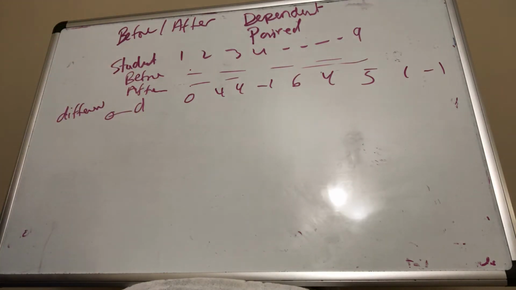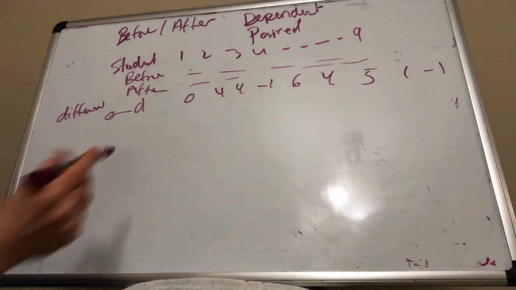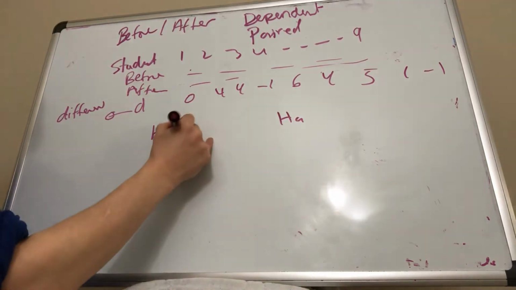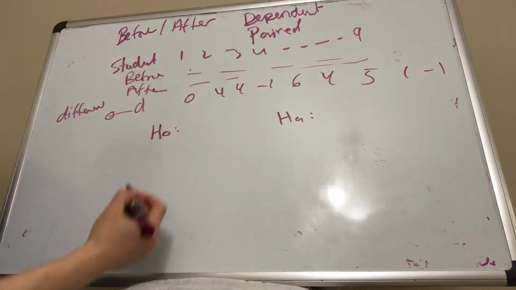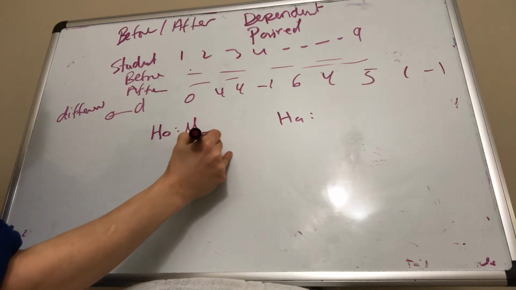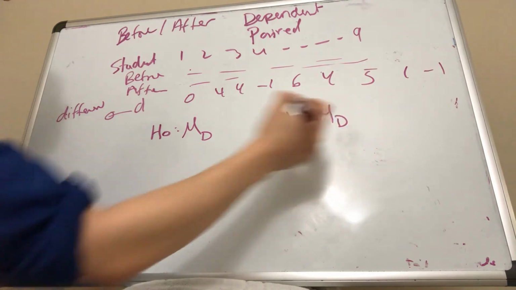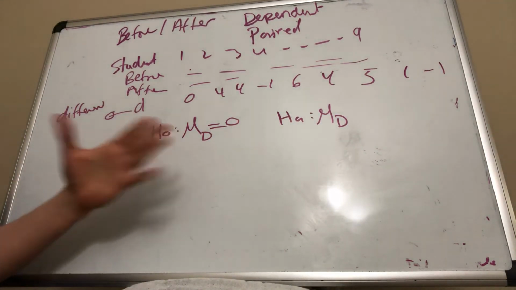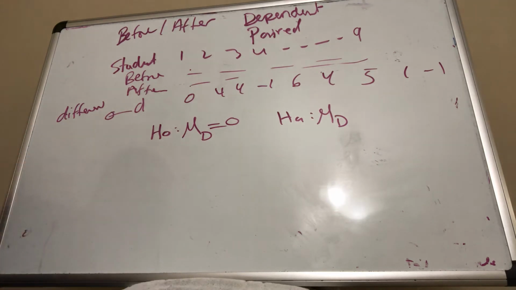Now, they ask what's the null hypothesis, what's the alternative. So what is H0, what is HA? Since this is a dependent system, we use this symbol, mu of D. This one is always equal to 0, because I said earlier, H0 is always equal, and in this case it's 0 always. And if you read the question right after the table, they tell you what you want to answer.